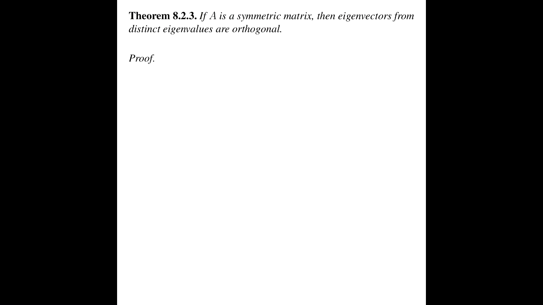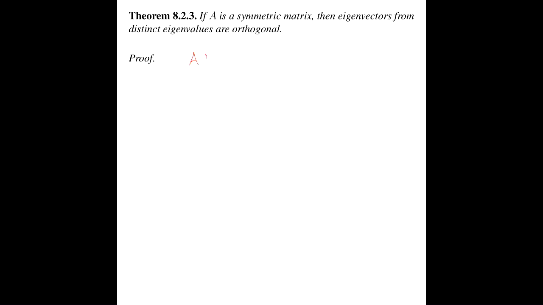Okay, then let's prove another one. It says if A is a symmetric matrix, then eigenvectors from distinct eigenvalues are orthogonal. Let's try to prove this. Let A be a symmetric matrix, because we want to show the eigenvectors from two distinct eigenvalues.